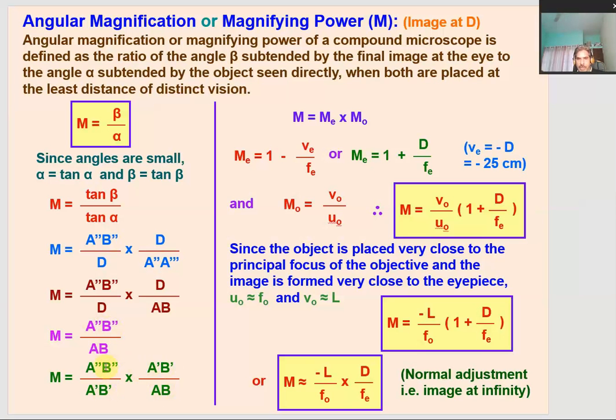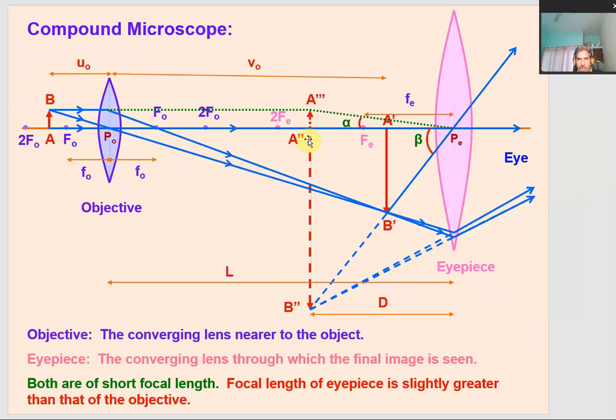We are just dividing and multiplying by this number A dash B dash. Now this first ratio is A double dash B double dash upon A dash B dash. A dash B dash acts as the object for the eye lens, and A double dash B double dash acts as the image for the eye lens.